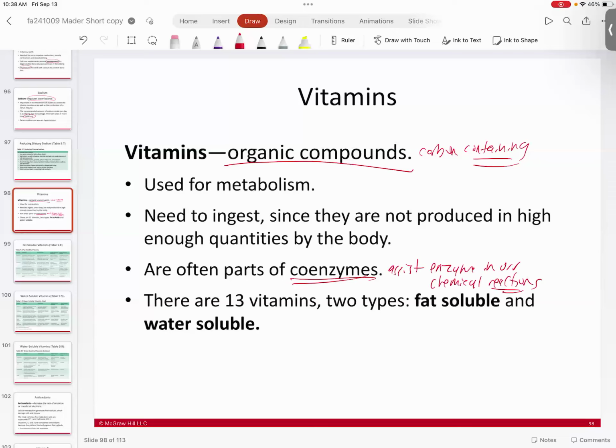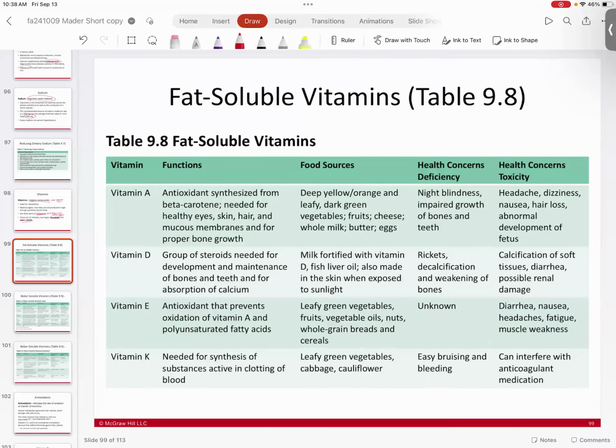So generally speaking, the fat-soluble ones will oftentimes absorb in our large intestines, and the water-soluble ones will absorb in other places. So here's kind of a list of our vitamins.